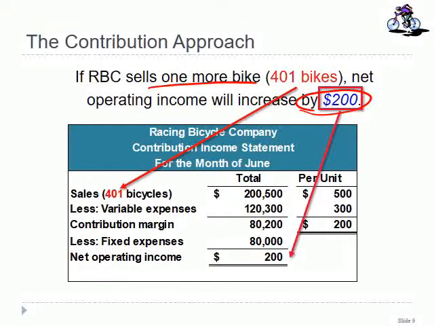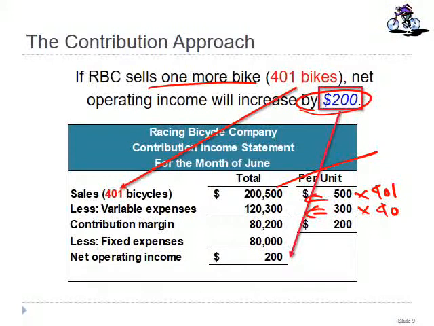So where did this 200,500 come from? You multiply the price of one unit of the bike, $500, and you sell one unit. So this came from here.